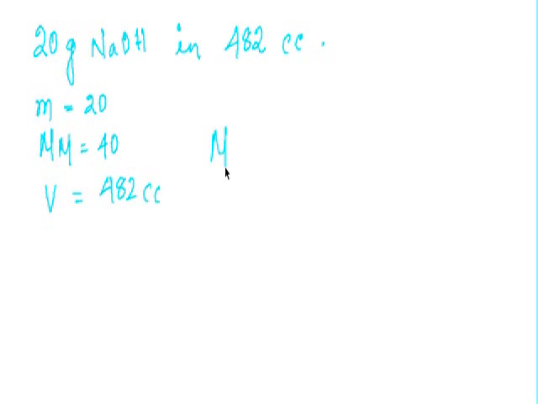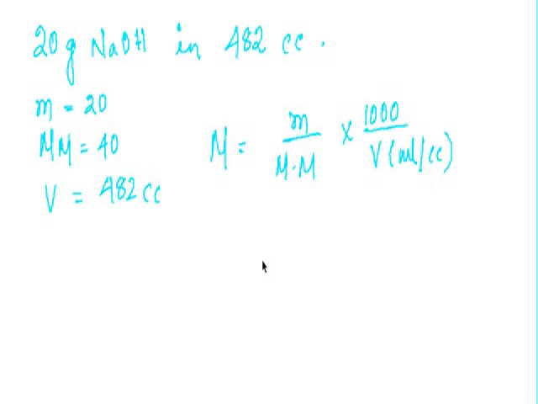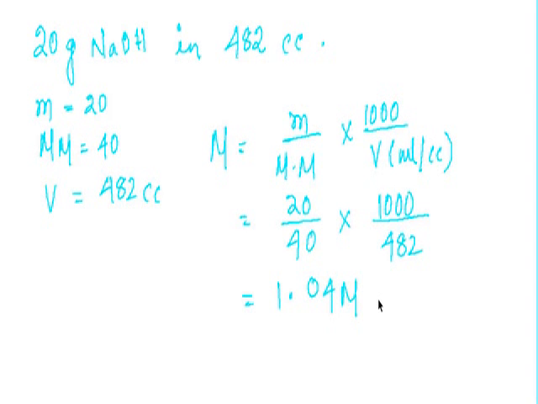Now molarity is m by molecular mass into 1000 divided by volume in ml or cc. Now here 20 divided by 40 multiplied by 1000 divided by 482. Now the answer would be, if you do the calculations, then the molarity would come around 1.04, and we will write M over here.